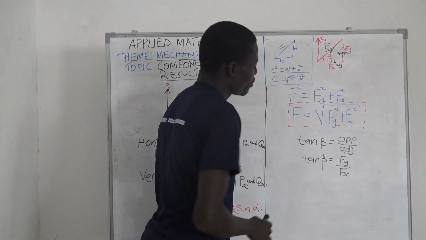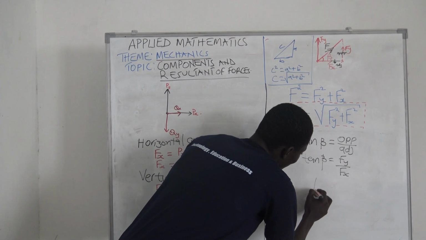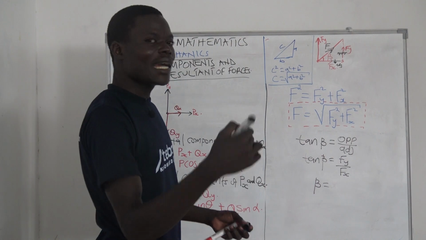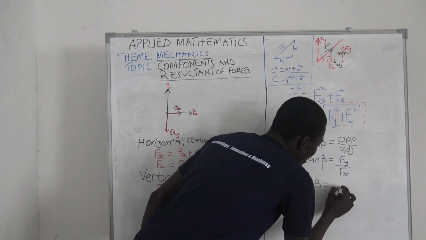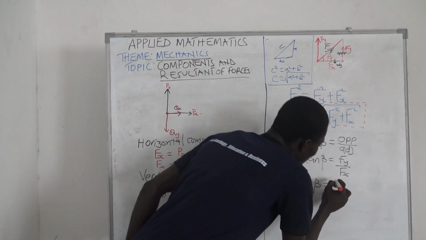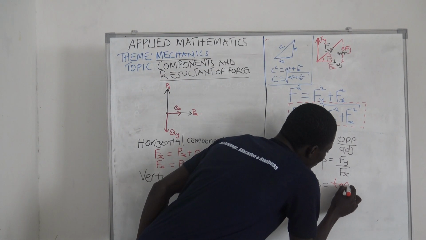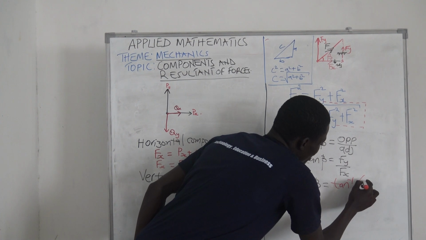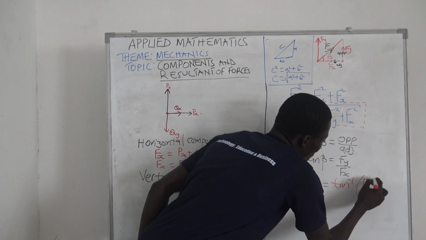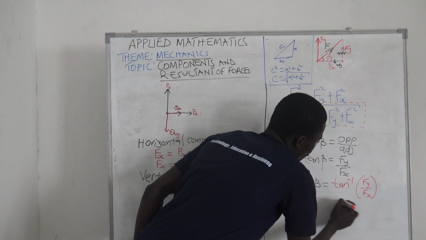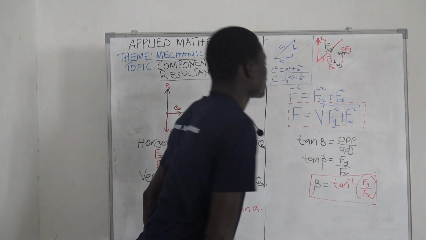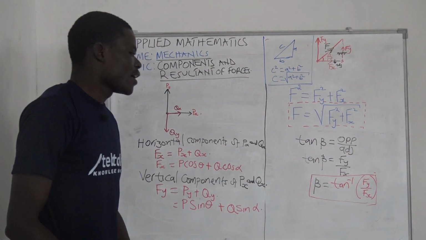So our beta is got by tan inverse of the resultant after dividing Fy by Fx. So this becomes our angle in degrees. This is the resultant force and this is the angle.